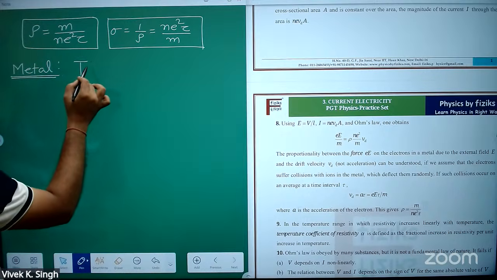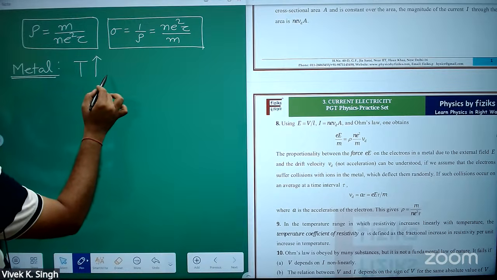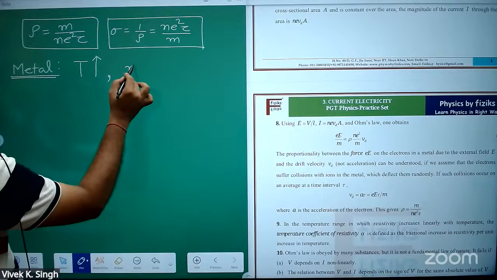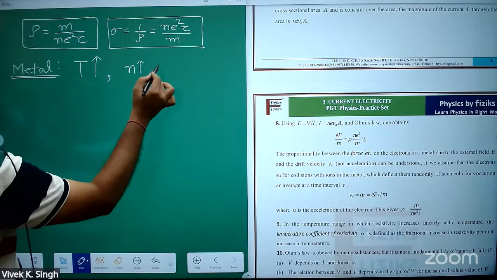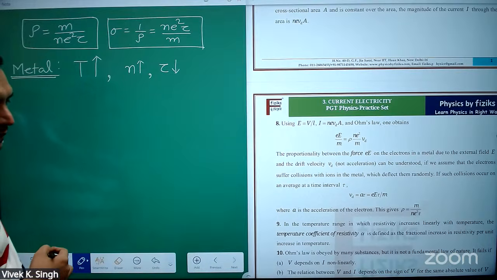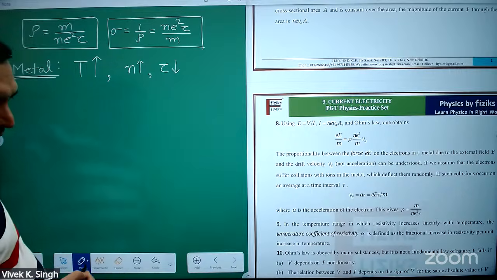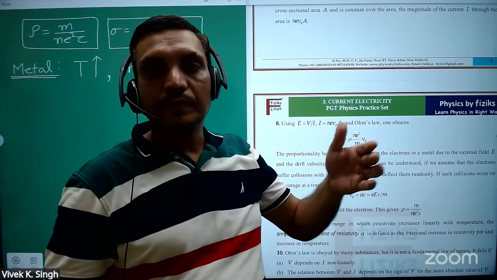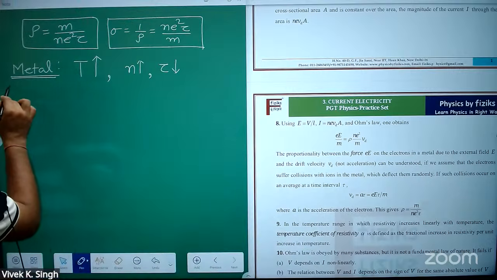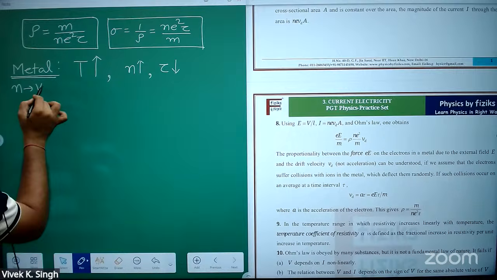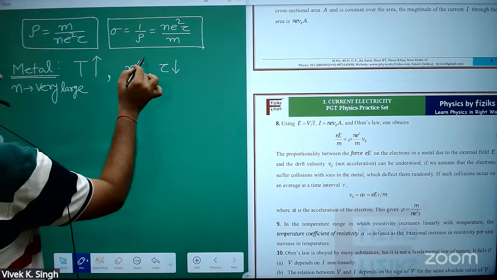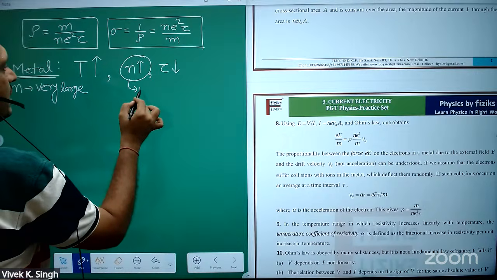As temperature increases, what will happen? n will increase and tau will decrease. Tau is the average time between successive collisions, and that will decrease. But in the case of metal, n is very large, so this change in n is insignificant.